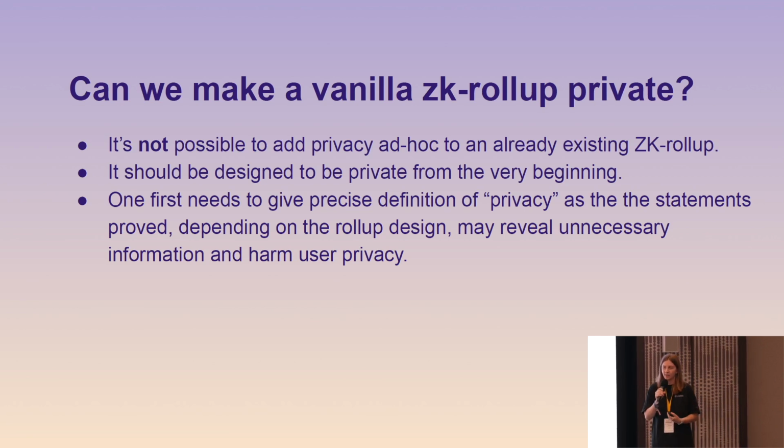And to ensure that some system, such as a ZK rollup, has privacy, we need to design it in a way to be private. So it's not just about making a ZK SNARK, but in the case of ZK rollups, it's also about client-side proof generation. So it should be designed to be private from the very beginning.